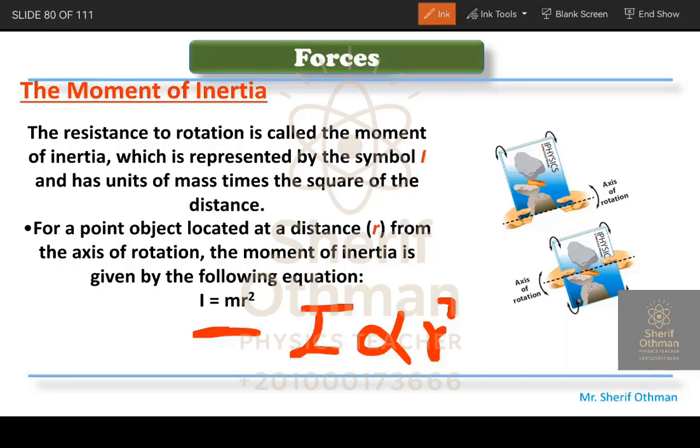So the resistance of rotation is called the moment of inertia, which is represented by the symbol I and has units of mass times the square of the distance. For a point object located at a distance r from the axis of rotation, the moment of inertia is given by the following equation: I equals m r square.